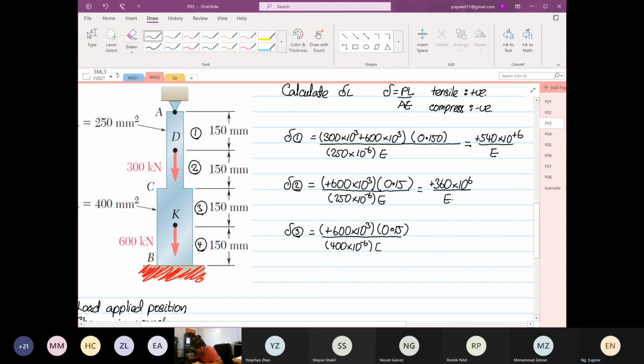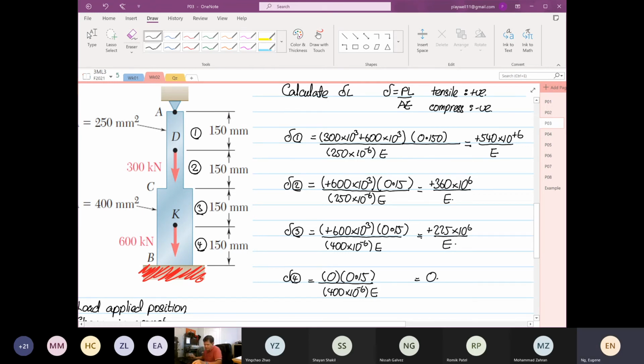Okay, and divided by E. So 600 by 400 times 10 to the power minus 6 is equal to 225. And then deflection of point 4. There's no load, so this thing is equal to 0.